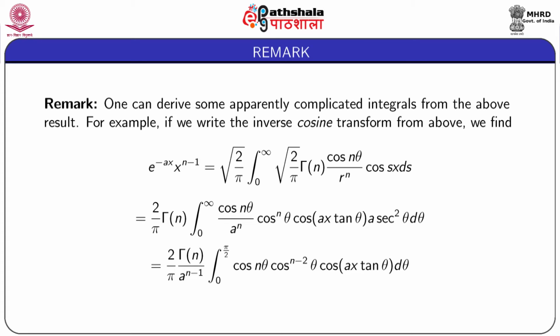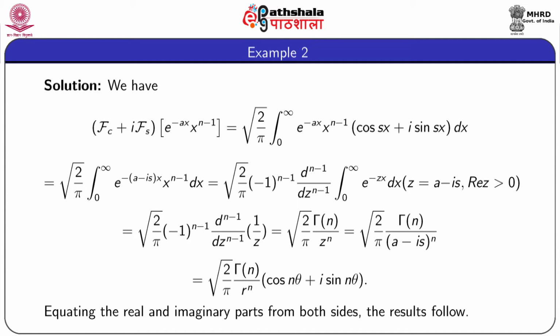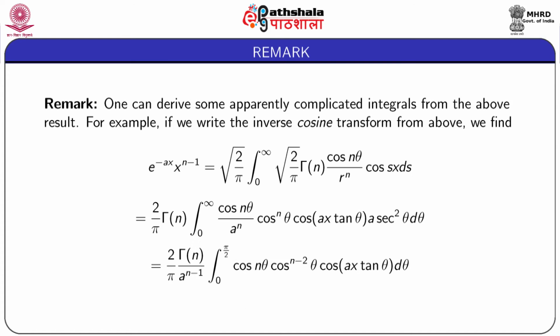Now, using this result, we can derive some apparently complicated integrals. For example, if we write the inverse cosine transform from this relation, we get e to the power minus ax x to the power n minus 1 as root over 2 by pi integral root over 2 by pi gamma n cos n theta by r to the power n cos sx ds.